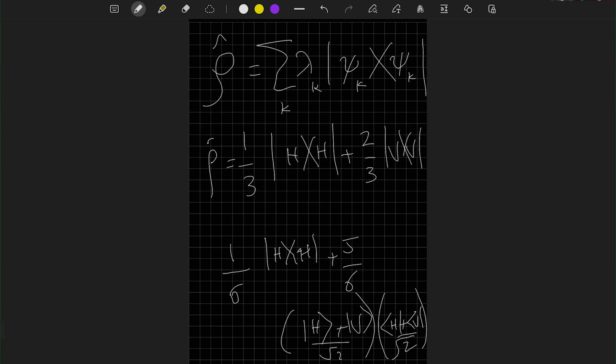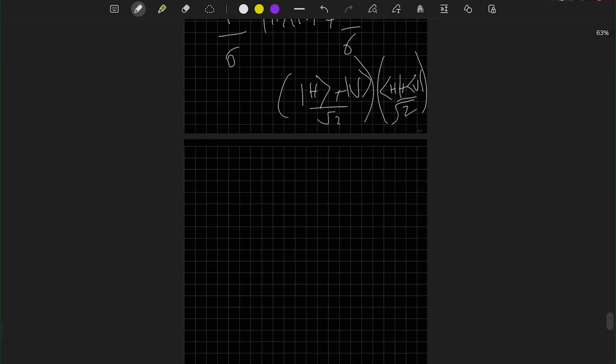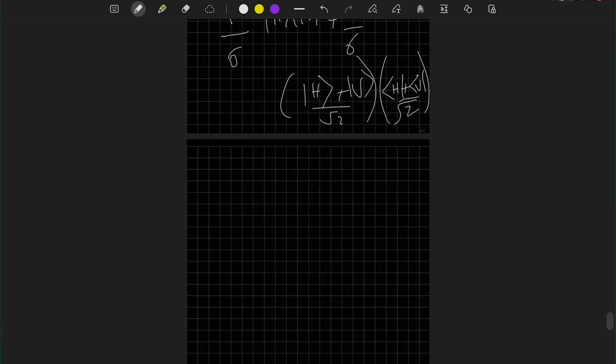Okay. So, what's the most random mixture that you can make? If you're talking about photon polarization, you can take the photon to be either in the horizontally or vertically polarized state. So the most random thing that you can make is ket H bra H plus ket V bra V, over 2.